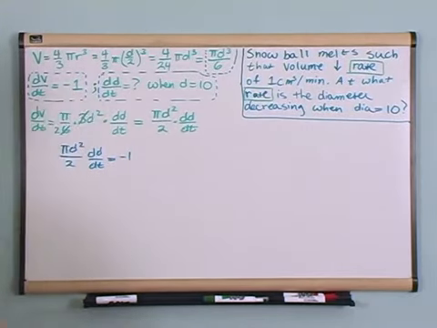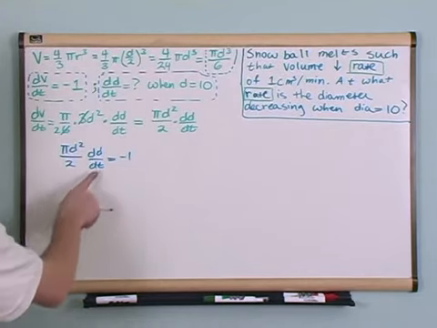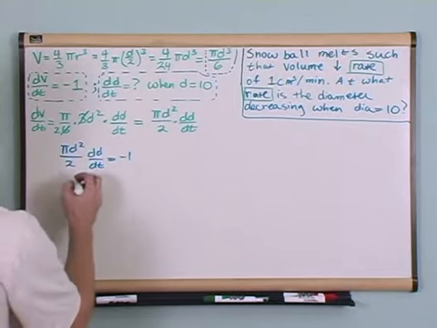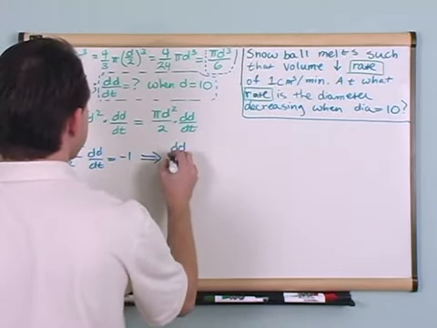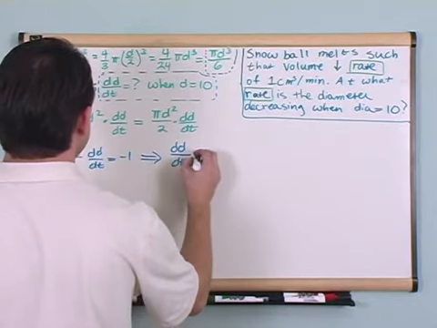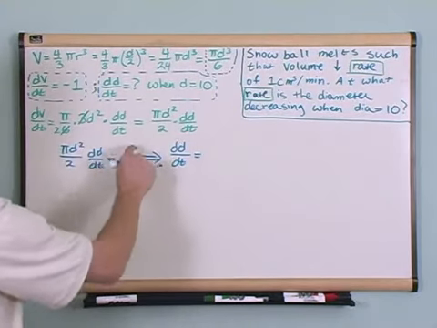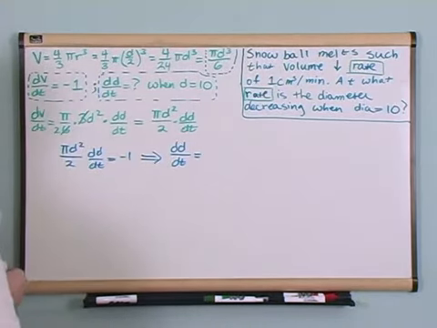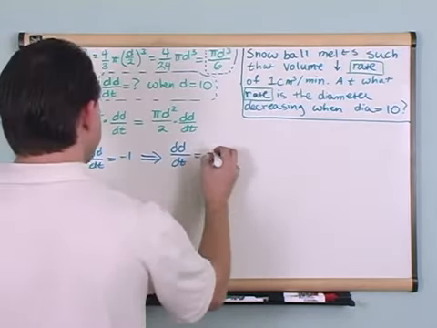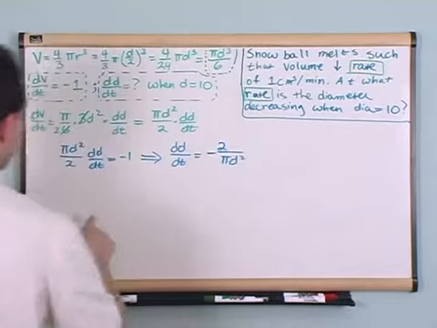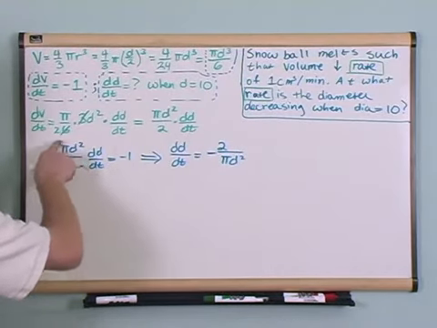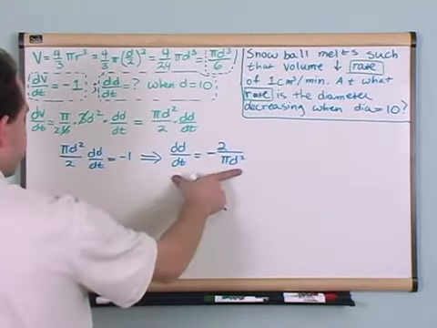Now you're just setting it equal to whatever they gave you in the problem, okay? So let's solve for dd dt over here. The derivative of the diameter with respect to time is equal to, and we'll just move all this junk over there, so it'll be -2 over pi times d squared. You multiply by 2, you multiply or divide by pi d squared, so you arrive at this.